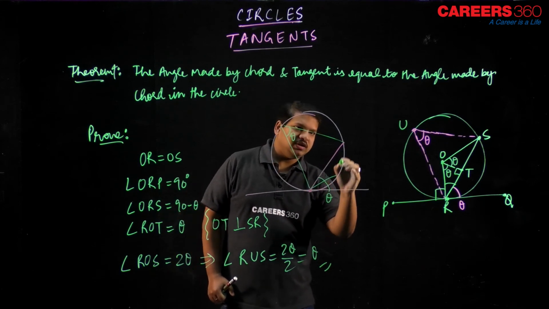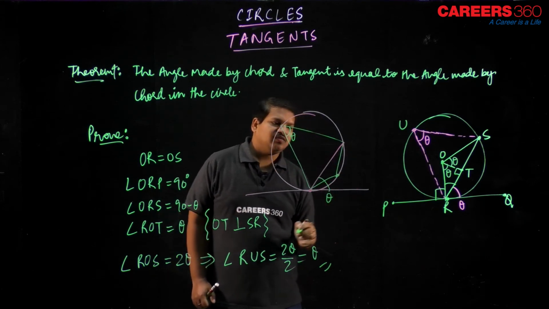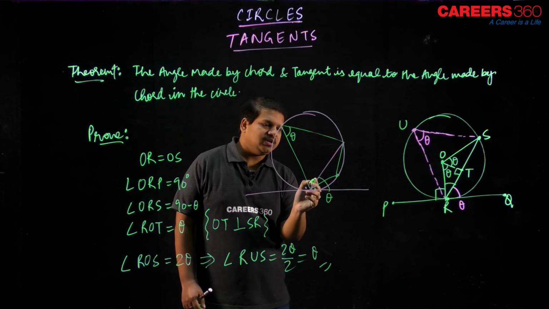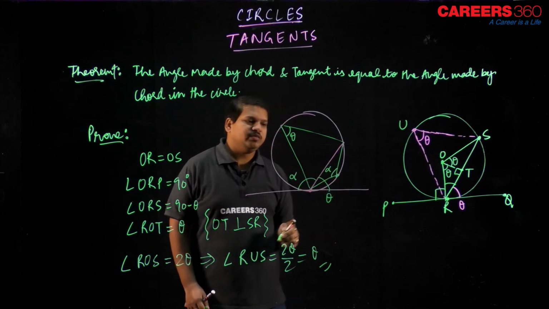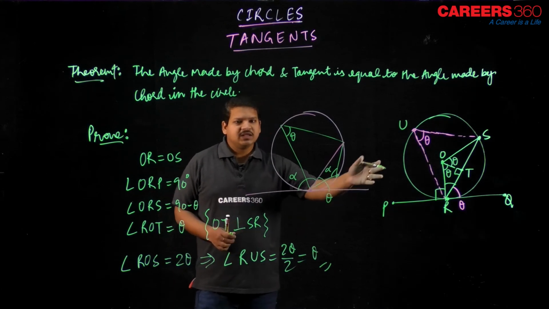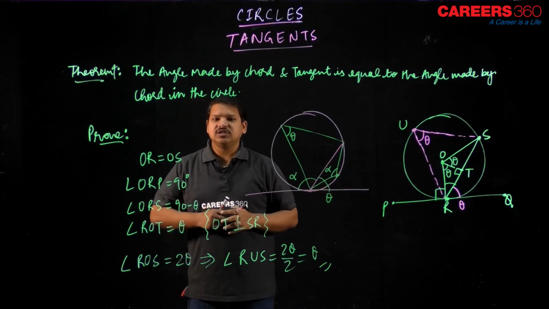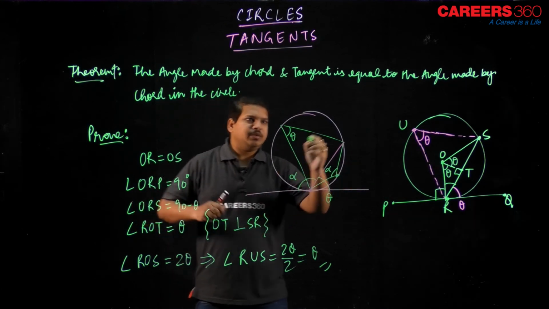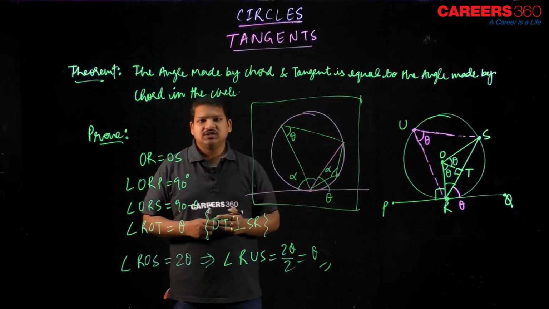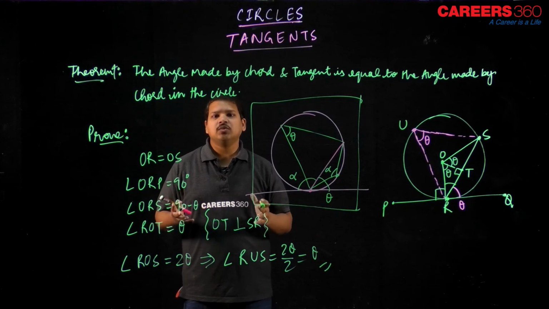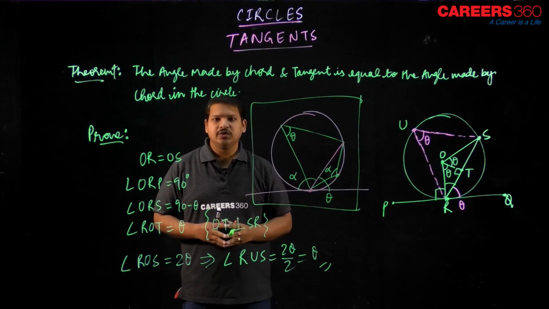Now if I join and make one triangle right over here, and this angle is alpha, this angle will also be alpha, and that can be proven by the same logic that I have just given you. So just remember this one, right? This is completing both the results. I hope it makes sense to you, and that was all about the introduction of tangent and important theorems.